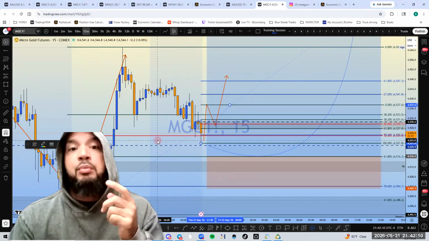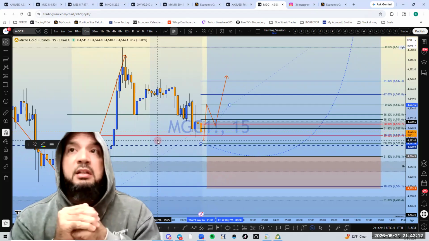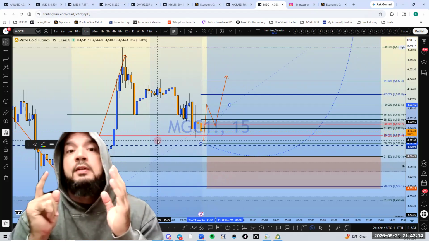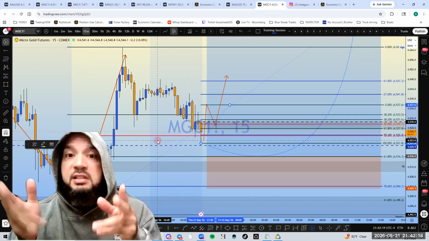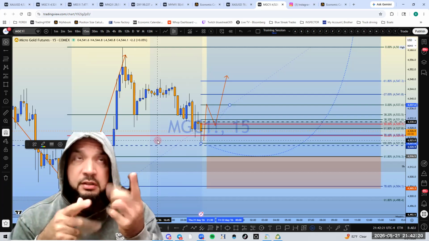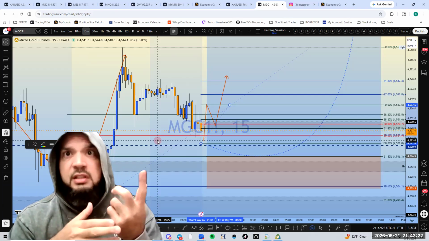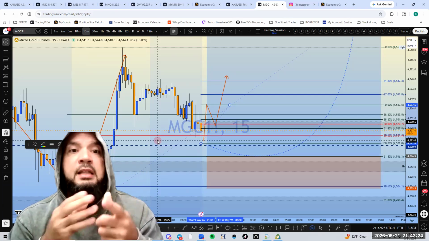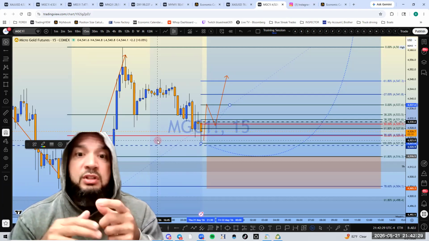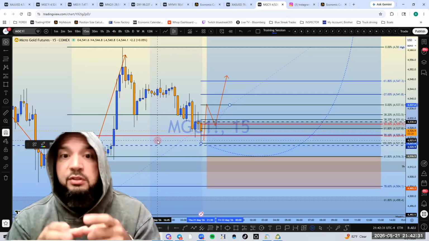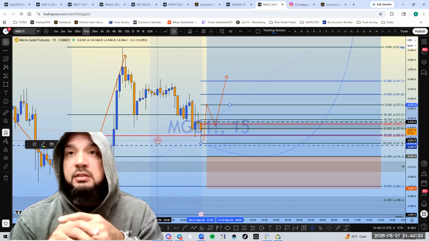Now this is going to take practice. The best thing I want you to do is practice it on your TradingView charts and send me screenshots on the Discord. You can send it to me privately and just ask me if I think it's correct or what you need to adjust, and I'll help you adjust your fib settings.